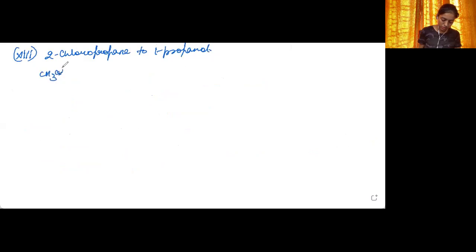Okay, part number 13 is 2-chloropropane to 1-propanol. So first step, draw the structure. CH3CHCl CH3. This is what we need to do.